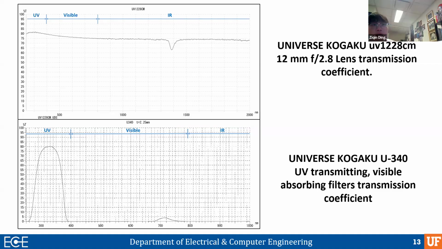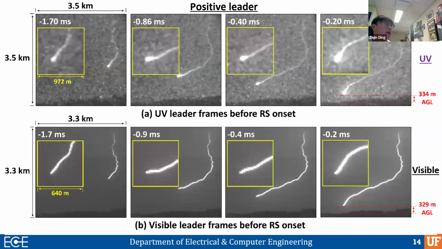For the UV intensifier, since it's really sensitive and has a really high gain, we use a UV bandpass filter, shown here, and also a UV focal lens to achieve the best field of view for the UV high-speed imaging system. Here I show some comparison of our observational records.